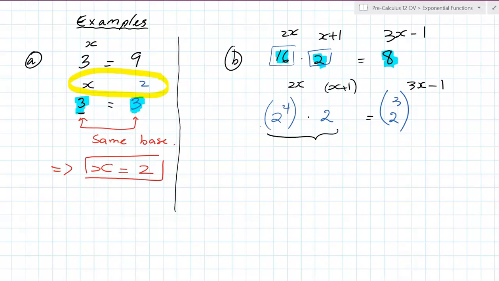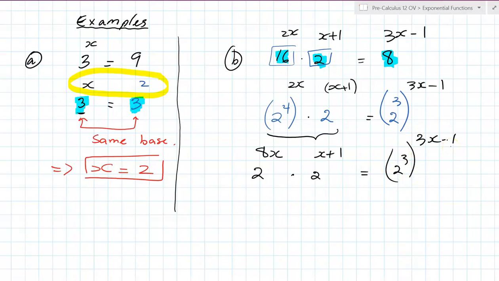The first thing you do is take care of the 2 to the 4th times 2 to the x. So that would be 2 to the 8x. Remember, that's the power of the power. You have to multiply the exponents, and then 2 to the power of x plus 1. That's not going to do anything. I'm going to rewrite this as 2 to the 3 and 3 to the x minus 1.